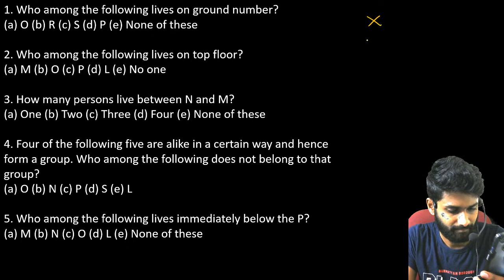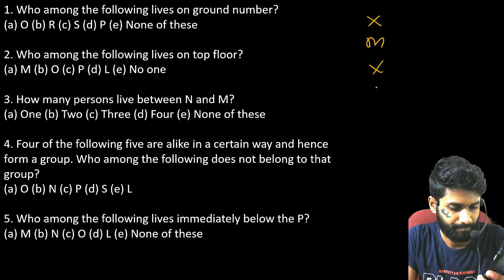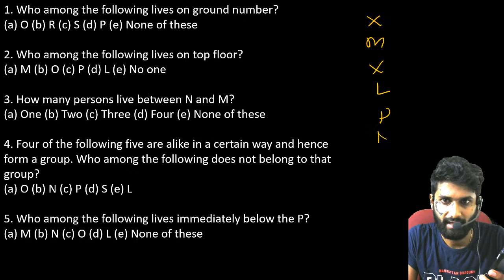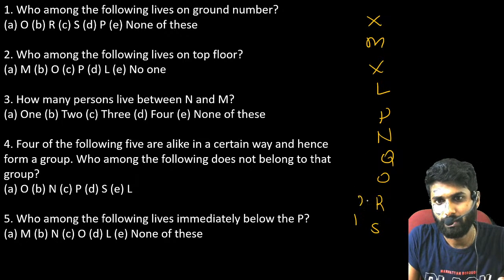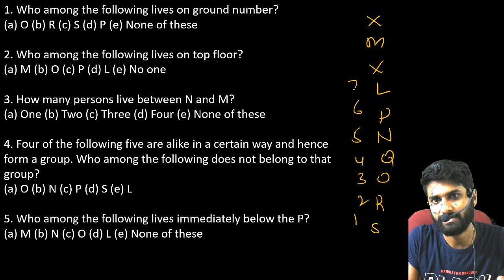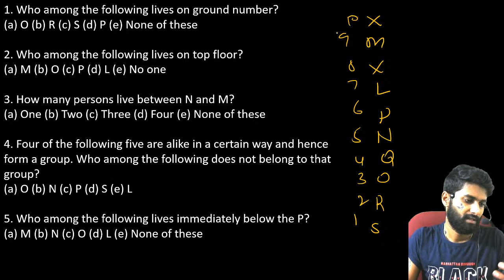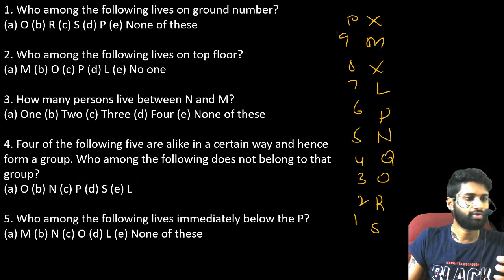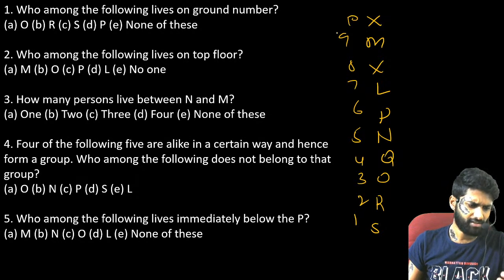Vacant floor, M, vacant, L, P, N, Q, O, R, S. 1, 2, 3, 4, 5, 6, 7, 8, 9, 10. Now check it out. Shubham, just go through your answer. There is a small mistake, a minor mistake.